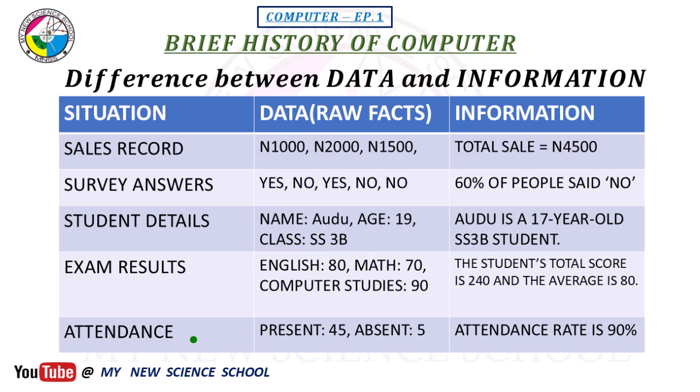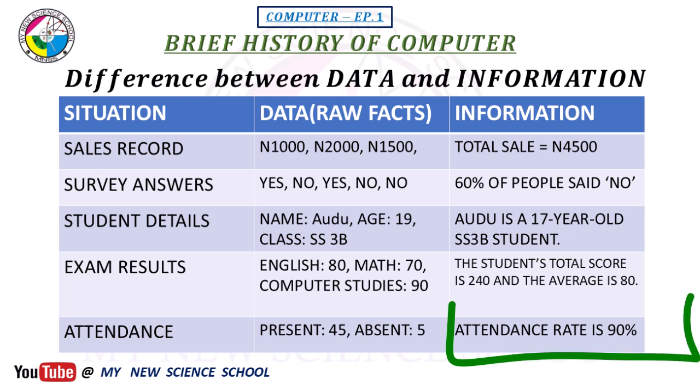Then the last, attendance. For the attendance of a student, let's say he's present 45 times and he's absent 5 times. Then what is the percentage of his or her attendance? The percentage is 90%. So the student attended 90% of the classes.